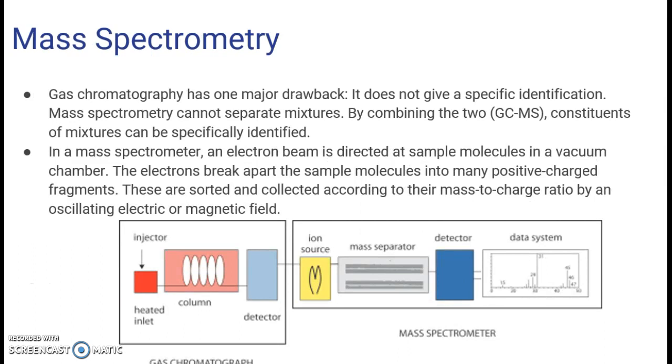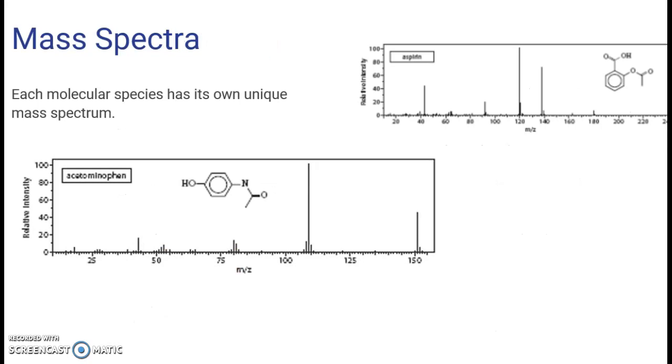Mass spectrometry. Like I said, gas chromatography is used in combination with mass spectrometry. So the gas chromatography is going to separate it out, and then the mass spec is going to break it down and determine exactly what it is. These are two examples of mass spectra, or mass spectrometries, and their printouts.